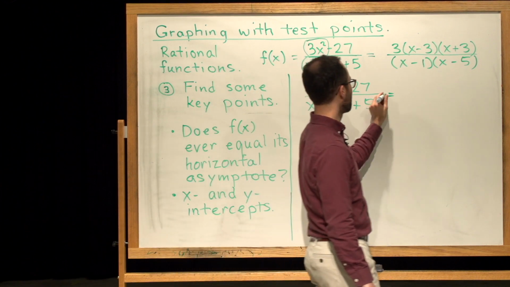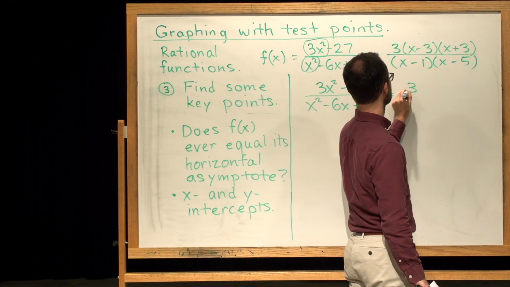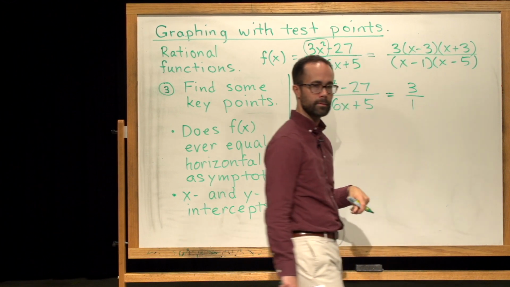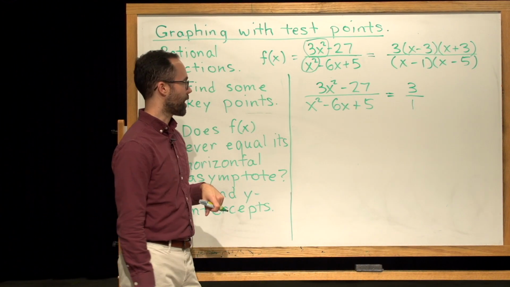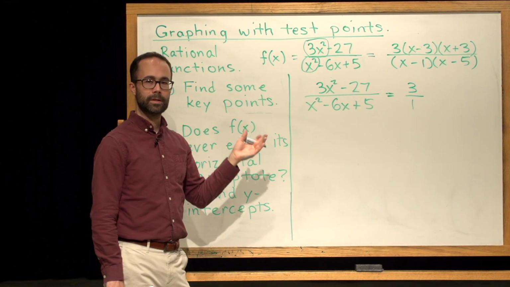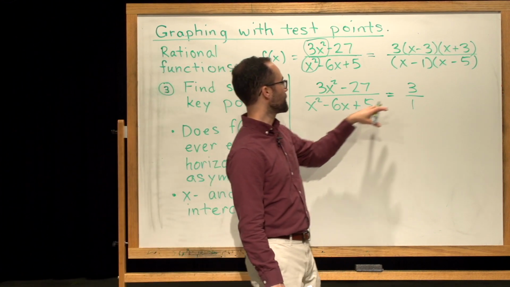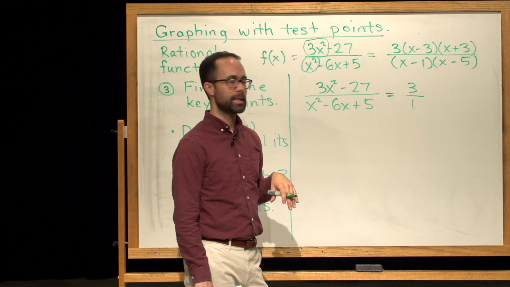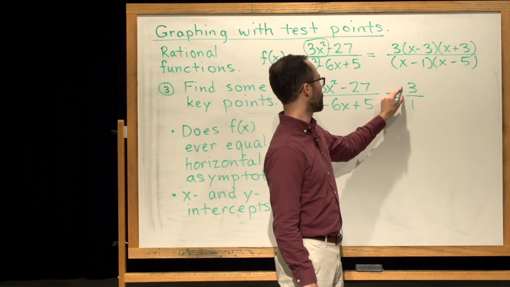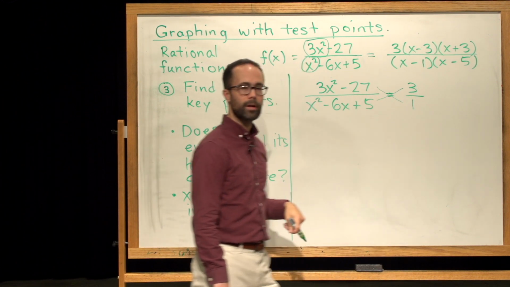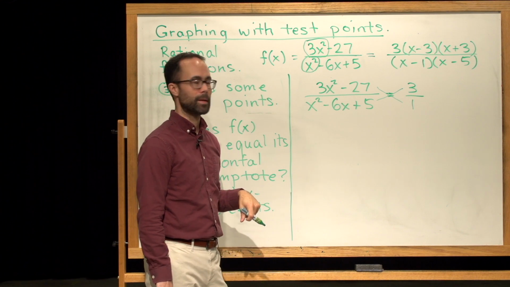I'll use it as a ratio. You might remember when I found the horizontal asymptote, I was thinking of it as 3 over 1. It's always good to write it as a fraction. What we have then is a fraction equal to another fraction, and to solve fractions equal to other fractions, we cross multiply. So take the numerator from one side times the denominator from the other.